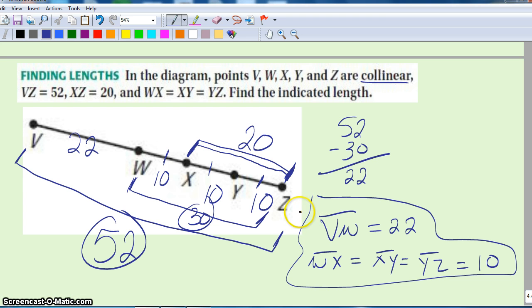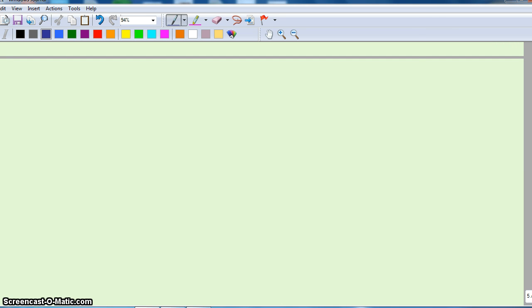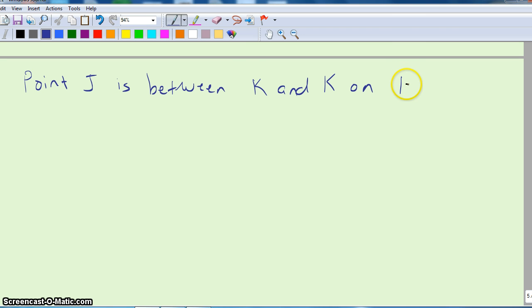Now let's try one more actually using algebra, because none of this is algebra. This is just basic numbers pretty much. So if I tell you point J is between H and K on HK.